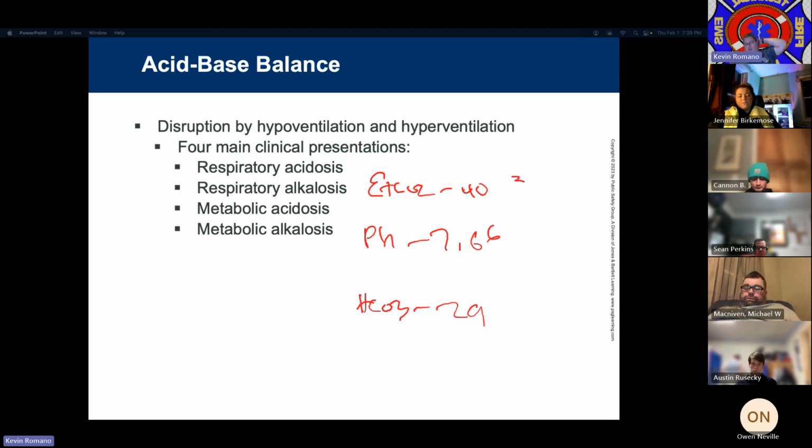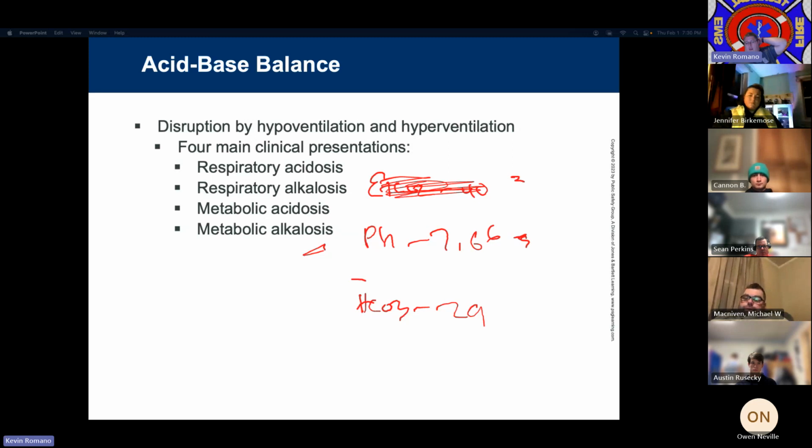So is end tidal normal? Yes or no? End tidal normal? Yes. Okay. Let's cross that out. Is the pH high or low? High, which would make it alkalotic, right? High pH is alkalotic, anything higher than 7.45.